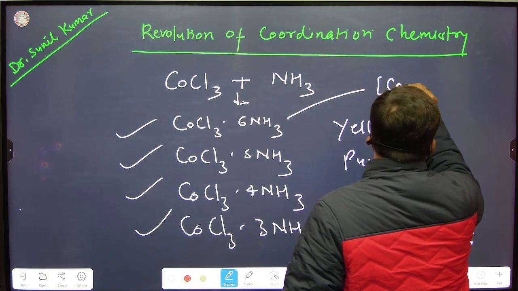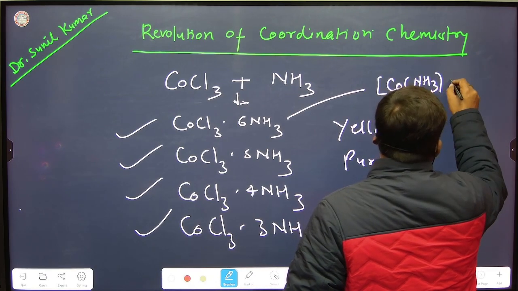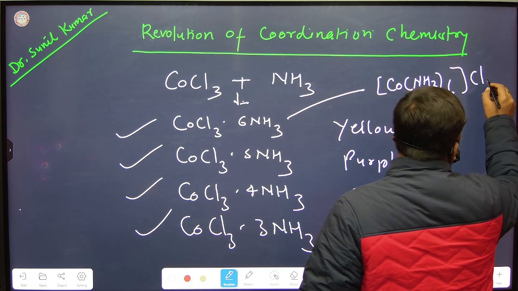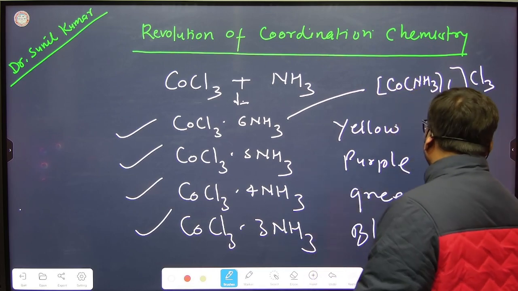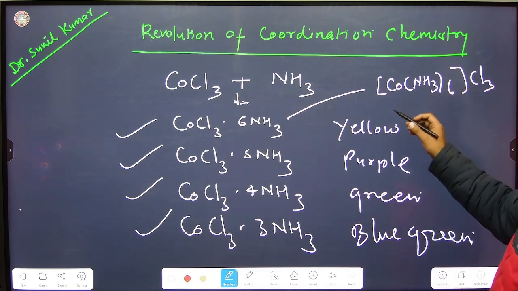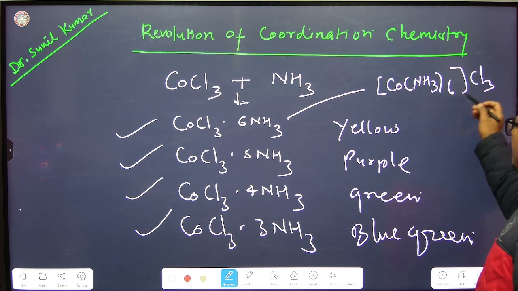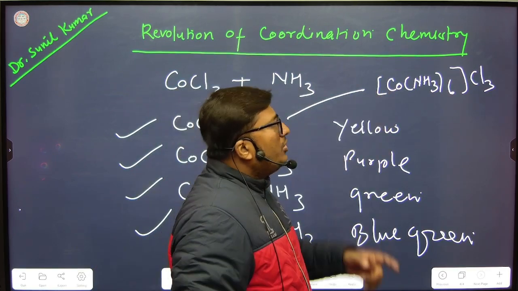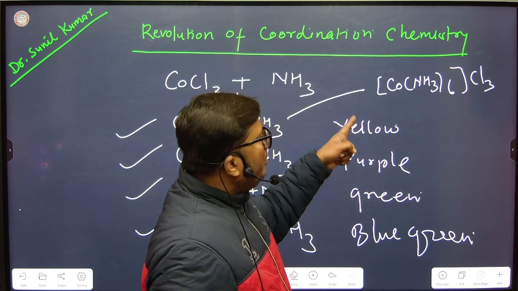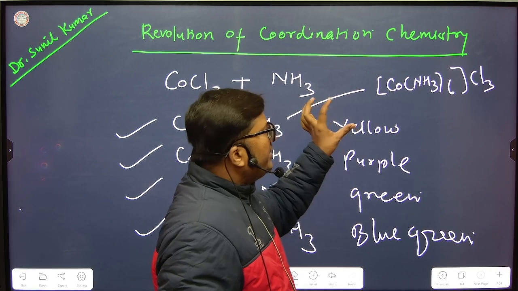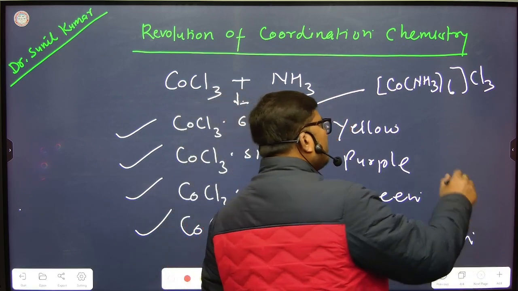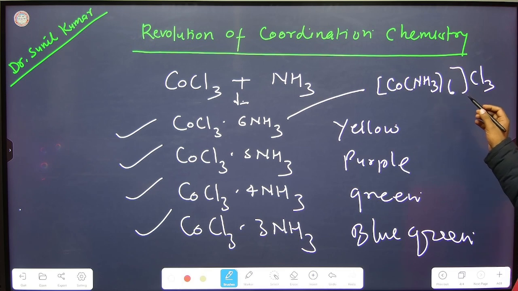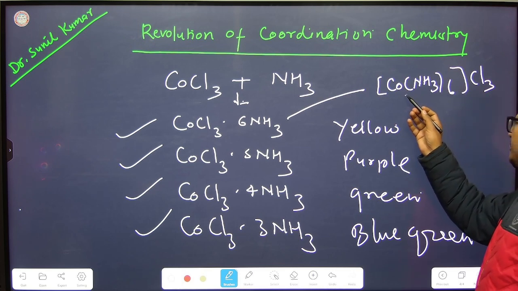This is [Co(NH3)6]Cl3, and all chloride ions exist outside of the coordination sphere. So this is the chemical structure of this complex compound, and he has established that this compound possesses three primary valency, indicates that the complex bears 3 positive charge, and coordination number 6 indicates that 6 ammonia molecules are surrounded to the cobalt 3 plus.